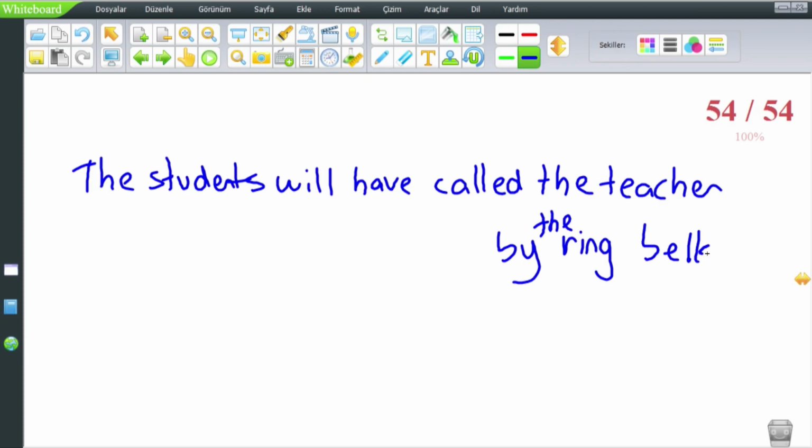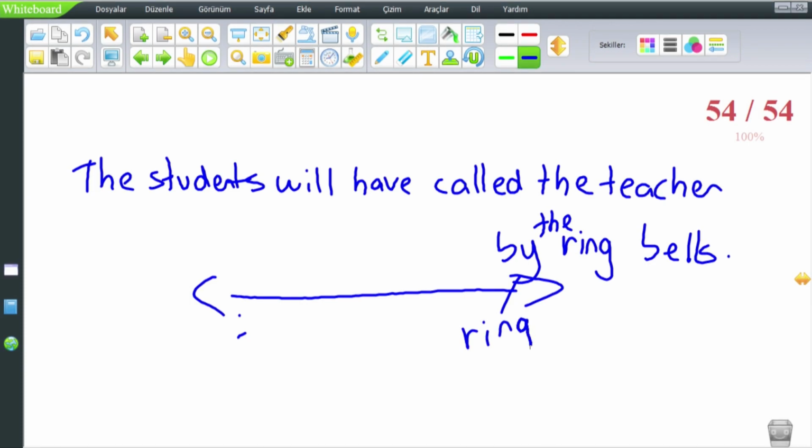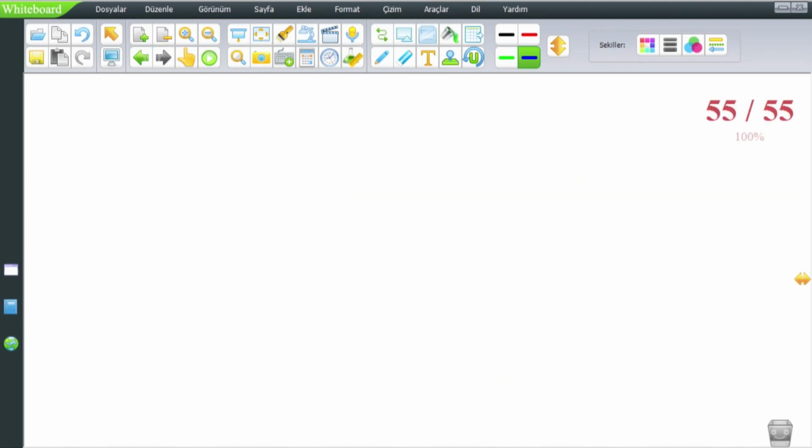The students will have called the teacher by the ring bells. Time limit in this example, ring bells. This is now. Students will have called the teacher somewhere around here.